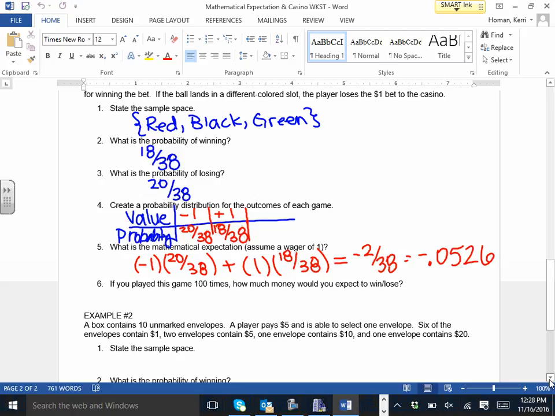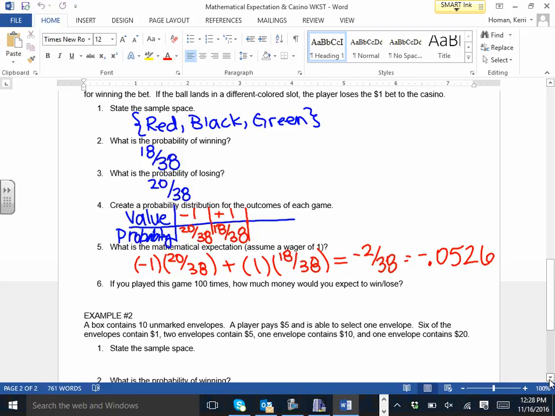And I'll tell you why I used that many decimal places in a little bit. Okay? What does this mean? We just calculated the mathematical expectation for the player. If I walk up to this table, every time I play, I am expected to lose 5 cents.